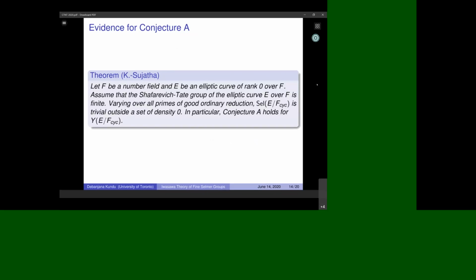One result that I proved with my co-advisor, Sujatha, was that we were able to produce a class of elliptic curves for which the fine Selmer group was in fact trivial over the cyclotomic extension. So the fine Selmer group was actually trivial, not just that the mu invariant was 0. This was conditional on the finiteness of Sha, though. But this is not what I want to talk about mainly today. If you have questions, I'll be willing to talk about it later.